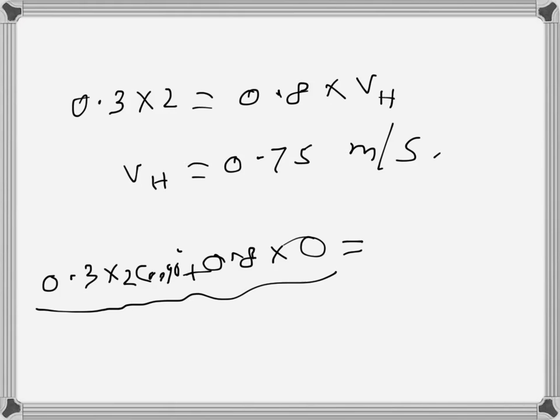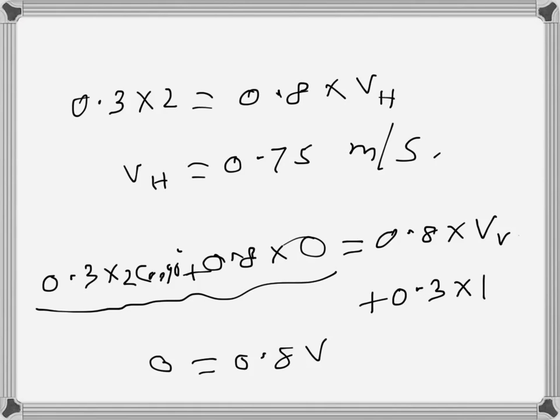After the collision, this will be 0.8 times v vertical plus 0.3 times 1. So 0 equals 0.8 times v vertical plus 0.3 times 1, and we get v vertical to be minus 0.375.